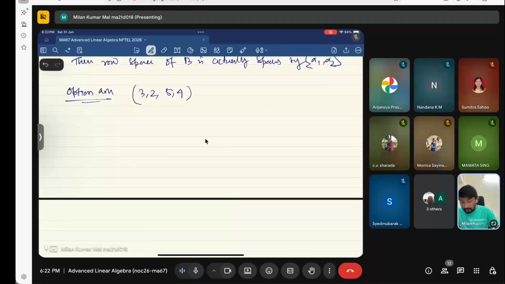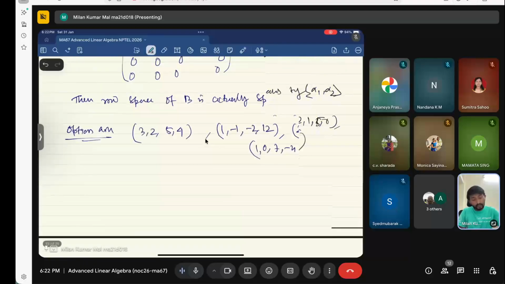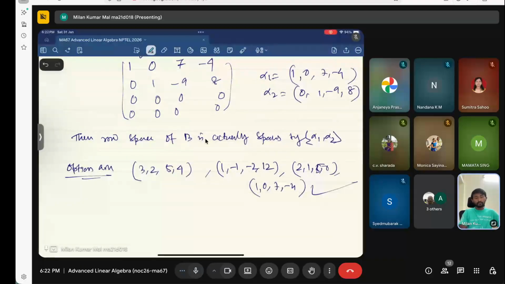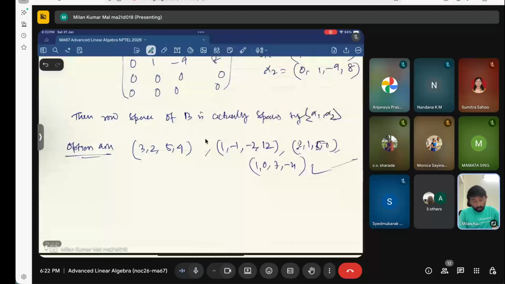Another option is 1, minus 1, minus 2, 12. Third option is 2, 1, 5, 0. And the fourth option is 1, 0, 7, minus 4. So this is already there. So whether the other terms are there or not.